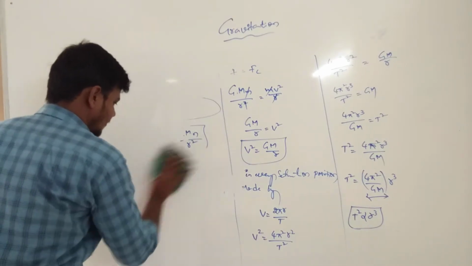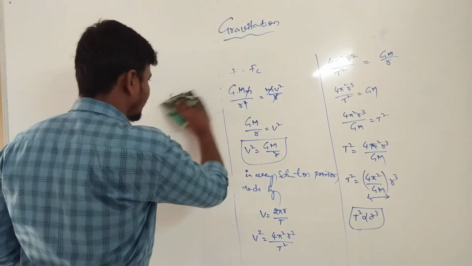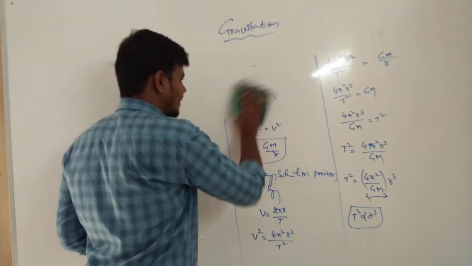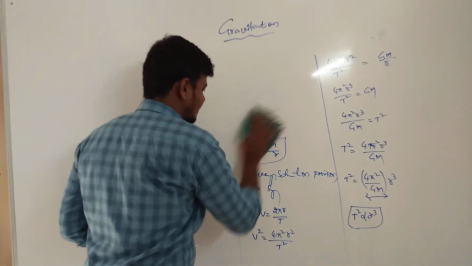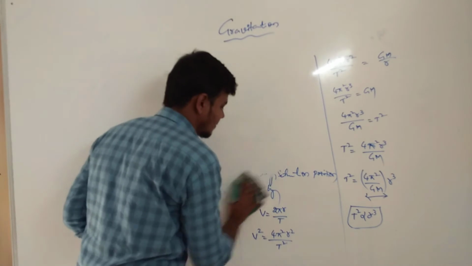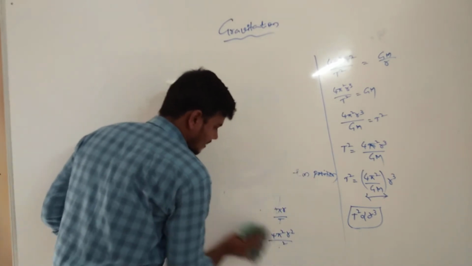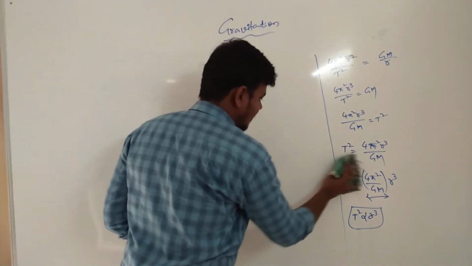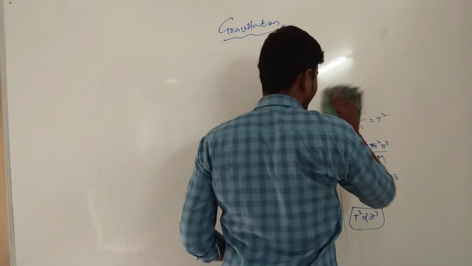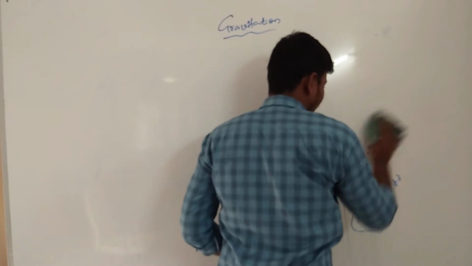The minimum velocity with which any body escapes from the gravitational field is known as escape velocity.